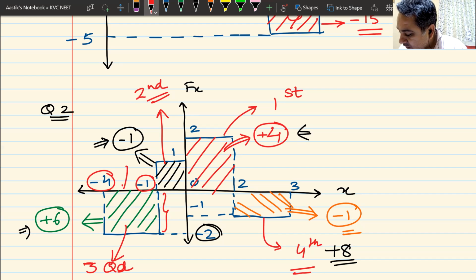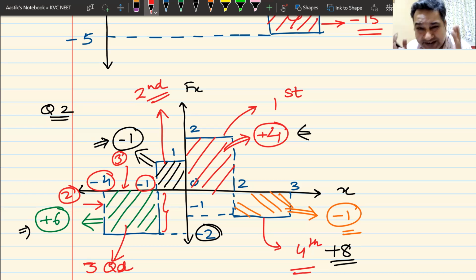So the length of this side is 3. It's never -3. The length of this side is 2. It cannot be -1. Length cannot be negative. So the area is 6. Now I give it plus or minus. I don't give it plus or minus by your length because I don't know how you understand length. Length cannot be negative, beta.